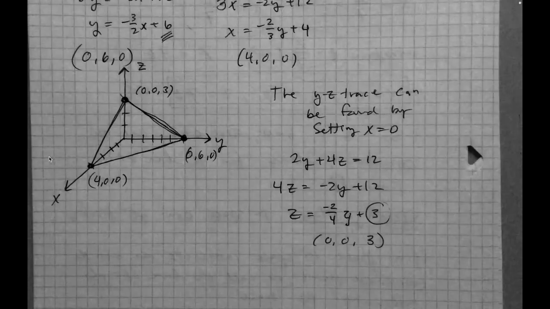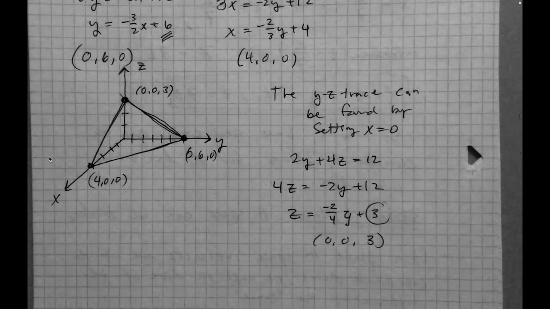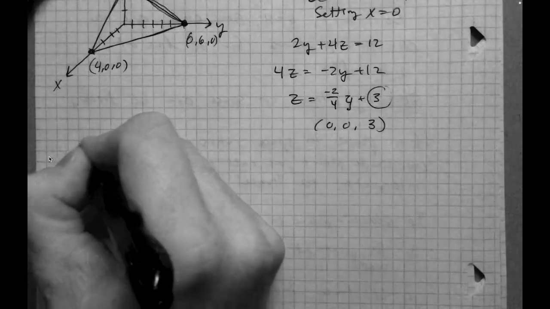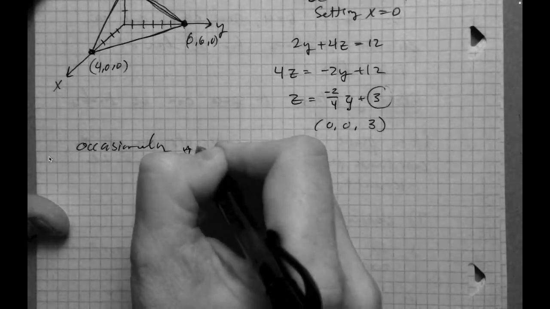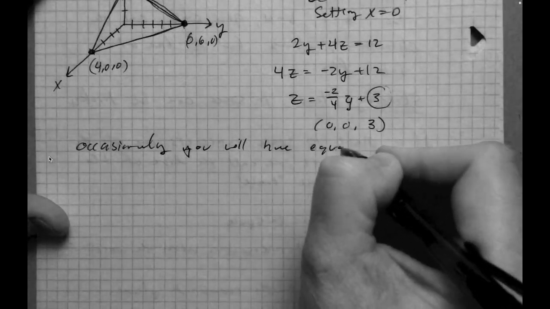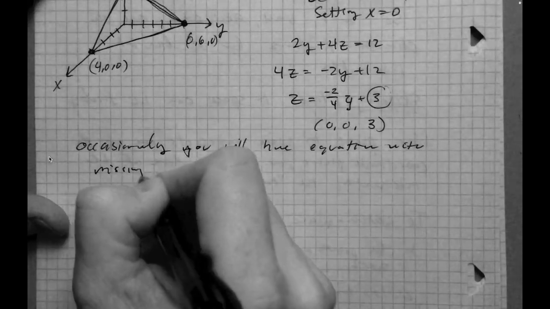This is kind of the normal case. Occasionally, you'll come across equations for planes that have missing variables. What does that mean? Occasionally, you will have equations with missing variables.